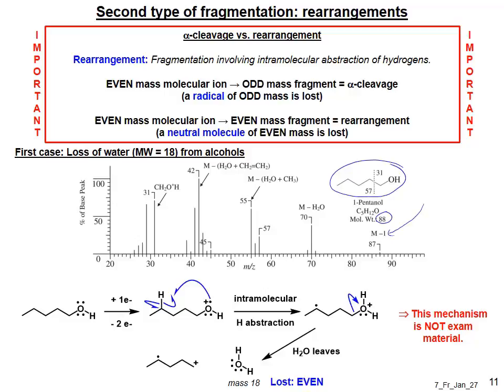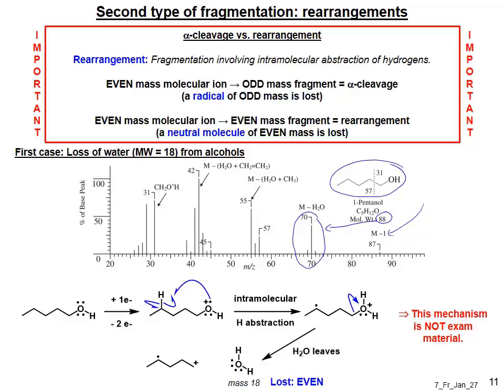What we see is the M-1 peak at 87, so it lost the H of the OH group. But what we do clearly see is the fragment at 70, which corresponds to 88 minus 18, which is the loss of water. Now, how did that fragmentation rearrangement proceed?